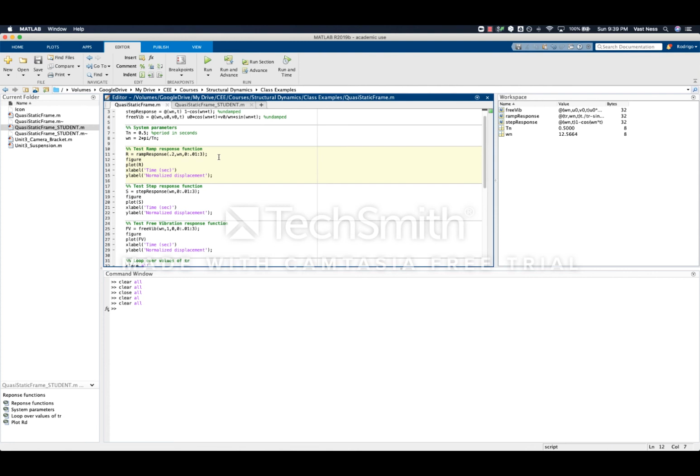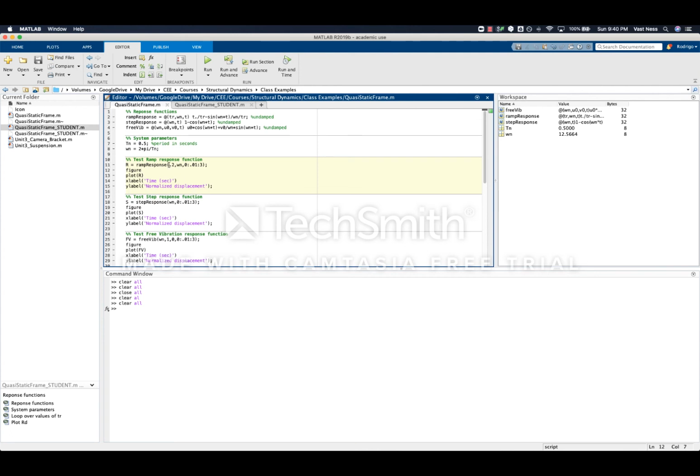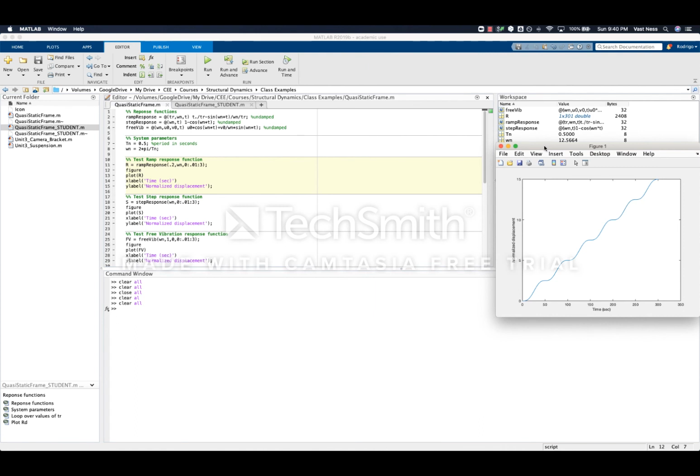So ramp response, I'm giving it a TR equal to 0.2. I'm giving it the natural frequency of the system, and then I'm just giving it a time vector that goes from 0 to 3 seconds in intervals of 0.01. If I plot that, this is what it looks like.